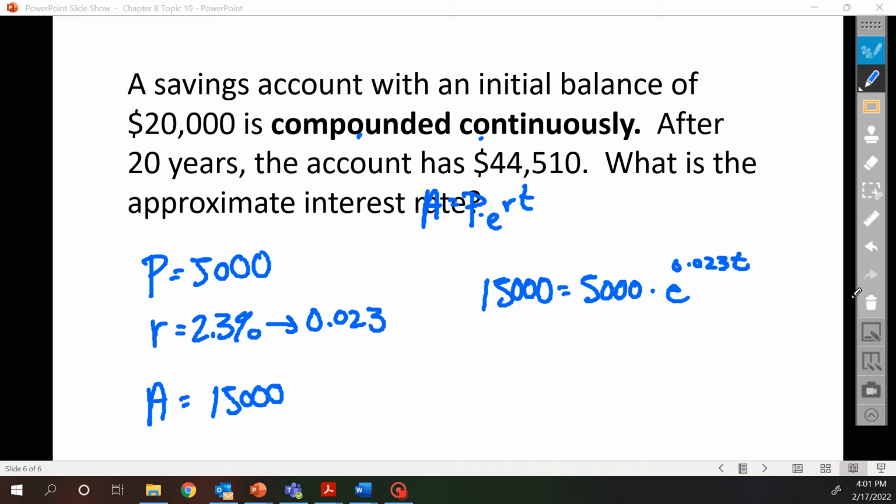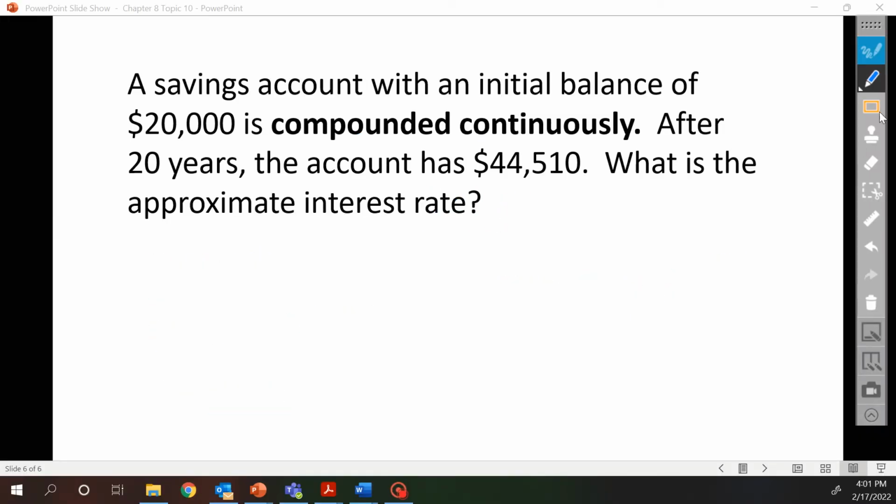Our last example here. A savings account with an initial balance of $20,000 is compounded continuously. After 20 years, the account has $44,510. What is the approximate interest rate? Okay, so once again, we're not just plugging in because we already know the final amount.